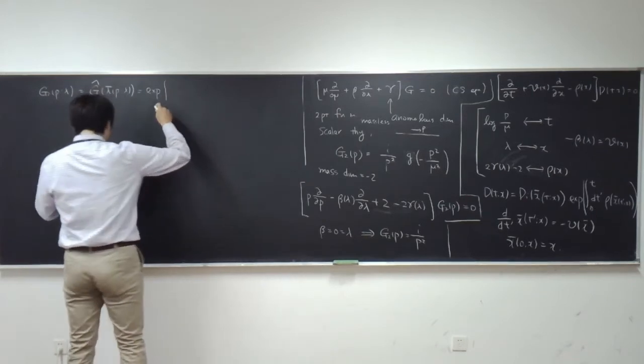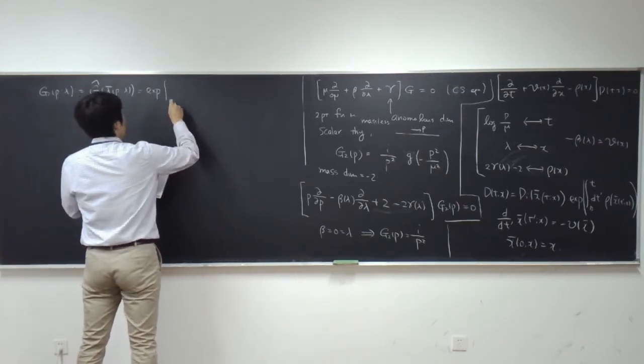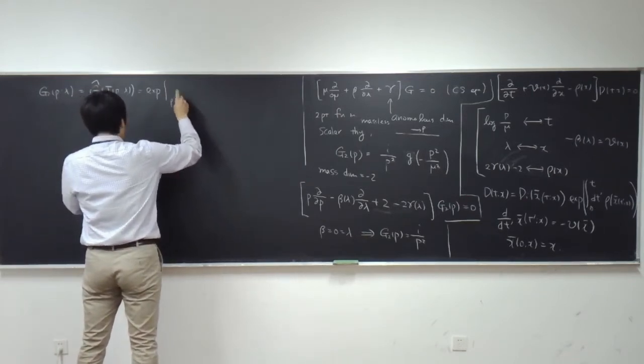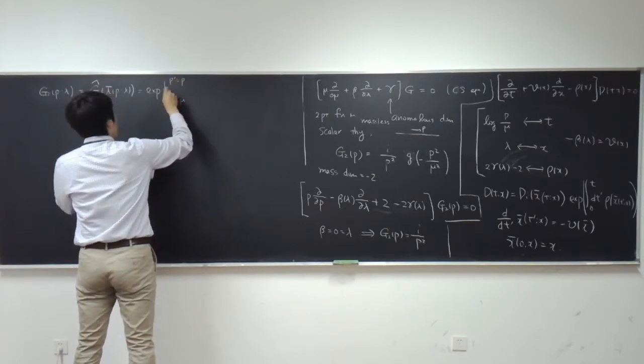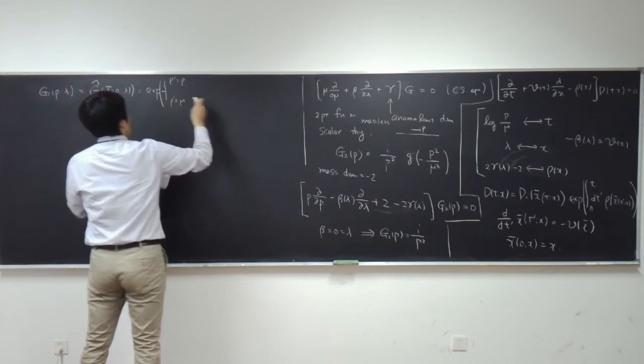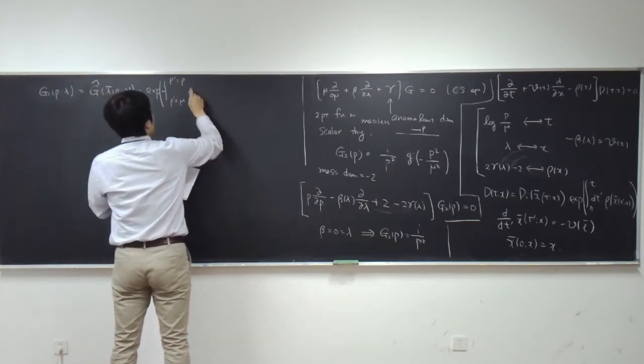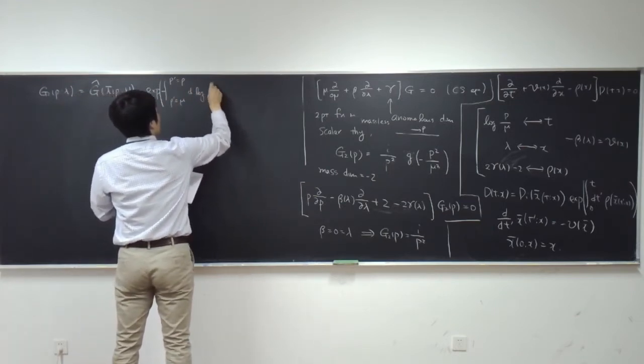By using the analogy, p prime is equal to mu, and p prime is equal to p with a minus sign, such that d log p over mu.